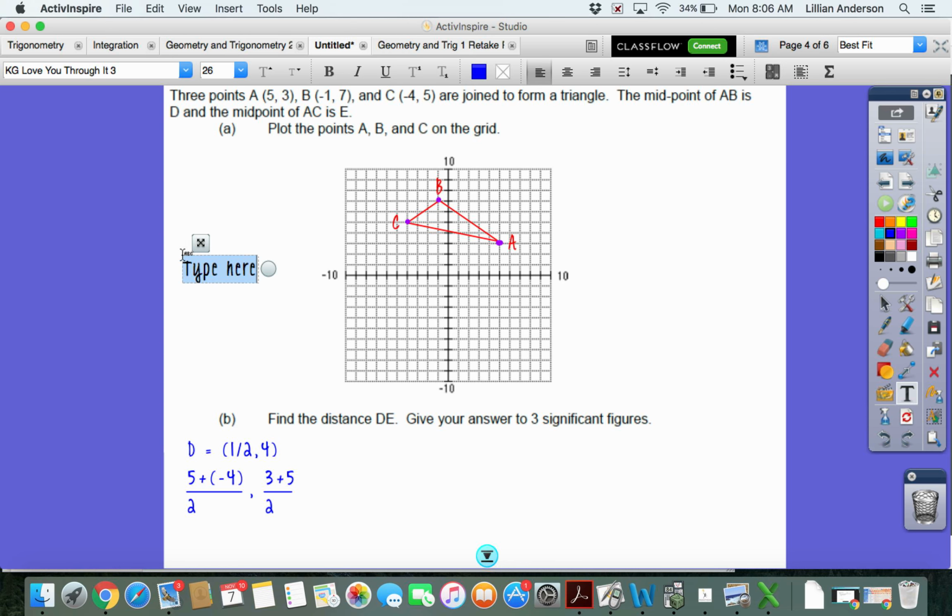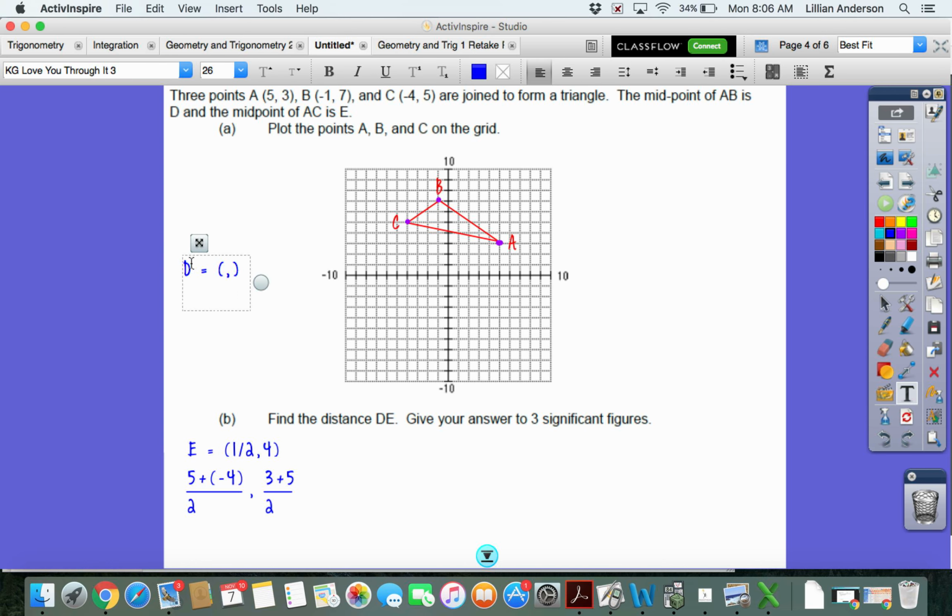We do the same thing for E. E is the midpoint of AC, so to actually find this coordinate, we are going to do, I actually found the coordinates of E because I used the wrong endpoints. I used A and C. That was my mistake.